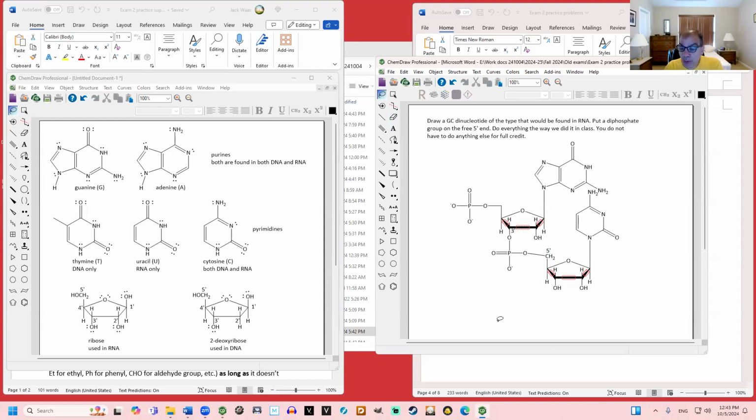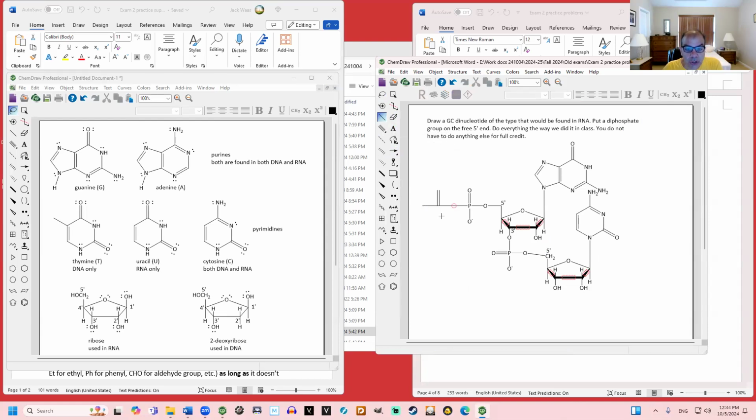That's something I'm sure I pointed out in the video. So we've got most of our dinucleotide ready. The only other thing it says is put a diphosphate group on the free 5' end. So the other 5' end is over here. That was originally OH, but we need to switch that to another phosphate group because we only have a monophosphate, so we need to make it a diphosphate.